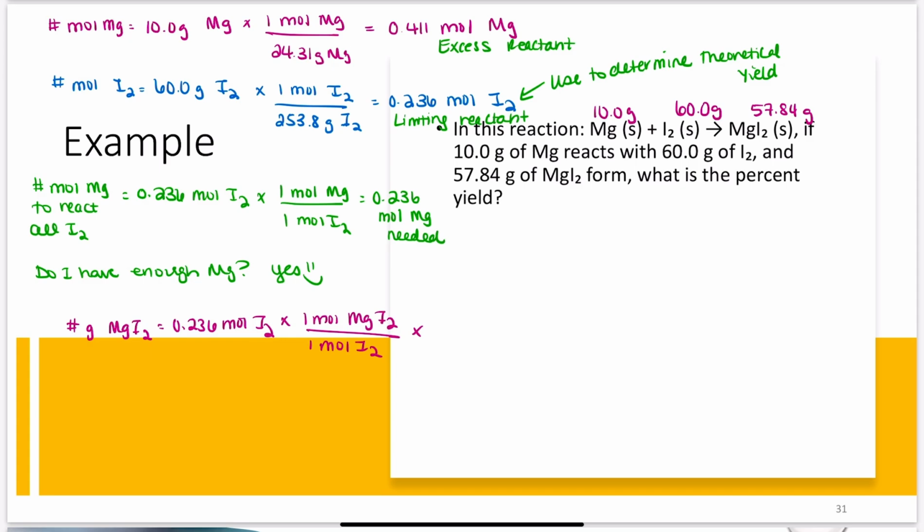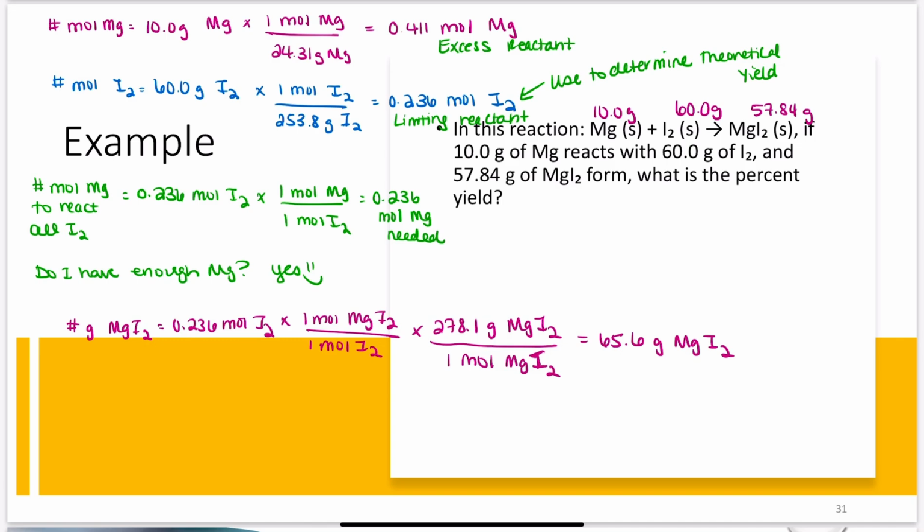Add up the molar mass of magnesium iodide, and I get 278.1 grams of MgI2 for every 1 mole of MgI2. And I see that the answer here is 65.6 grams of MgI2. Well, what does that mean? That means theoretically, no problems, no mistakes, no nothing, I would obtain 65.6 grams of MgI2.